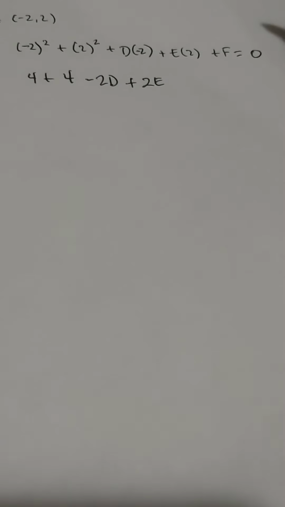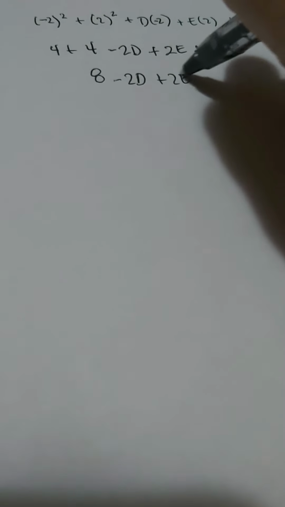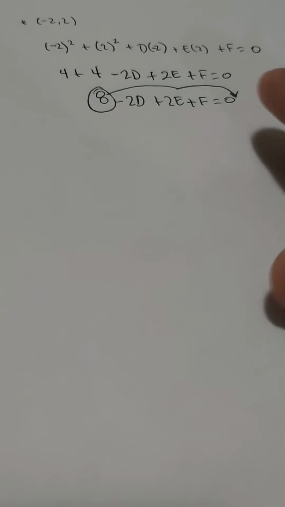Simplify that: 4 plus 4 minus 2d plus 2e plus f equals 0. That's 8 minus 2d plus 2e plus f equals 0. Pass 8 to the other side, and we get negative 2d plus 2e plus f equals negative 8.